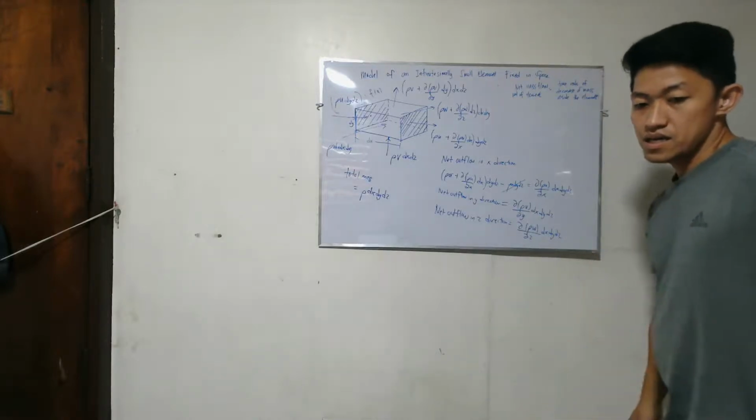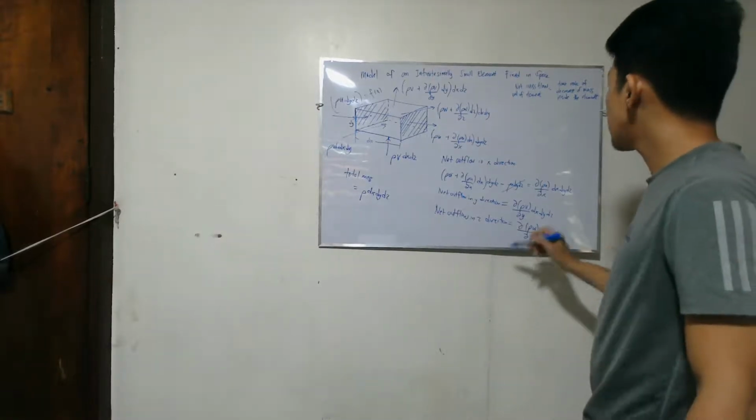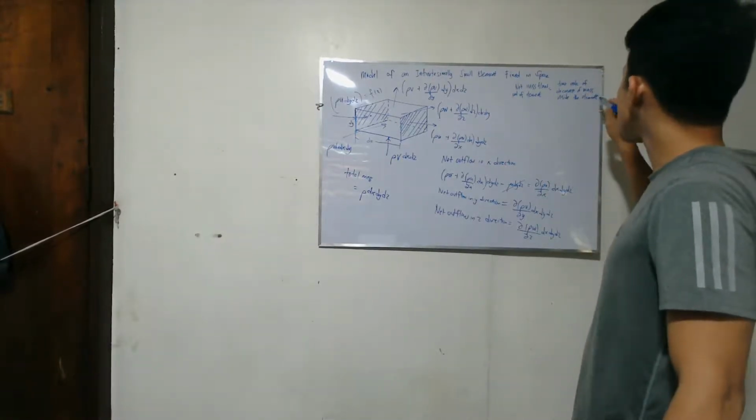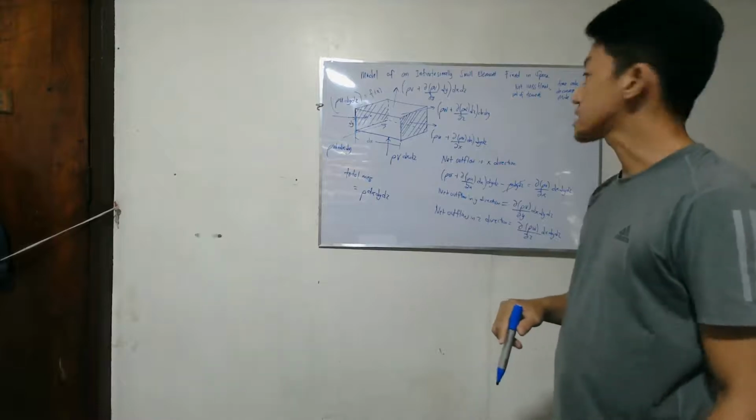Okay? So net mass outflow out of element is equal to time rate of decrease of mass inside the element.